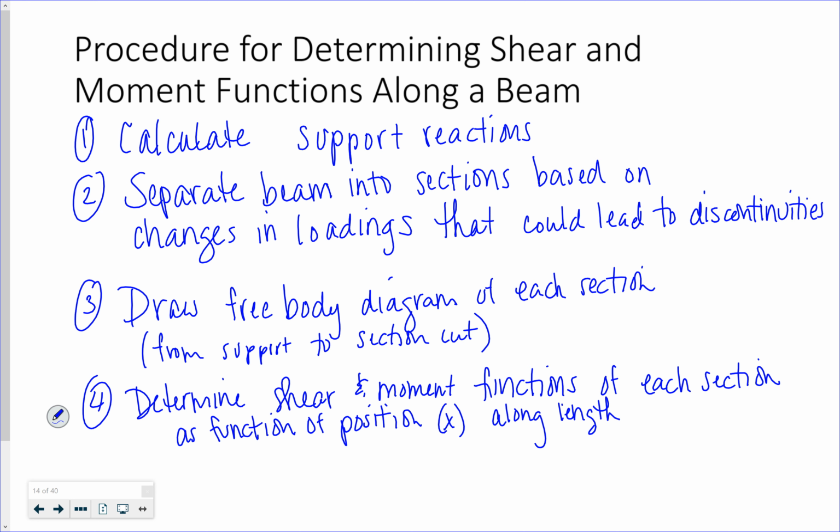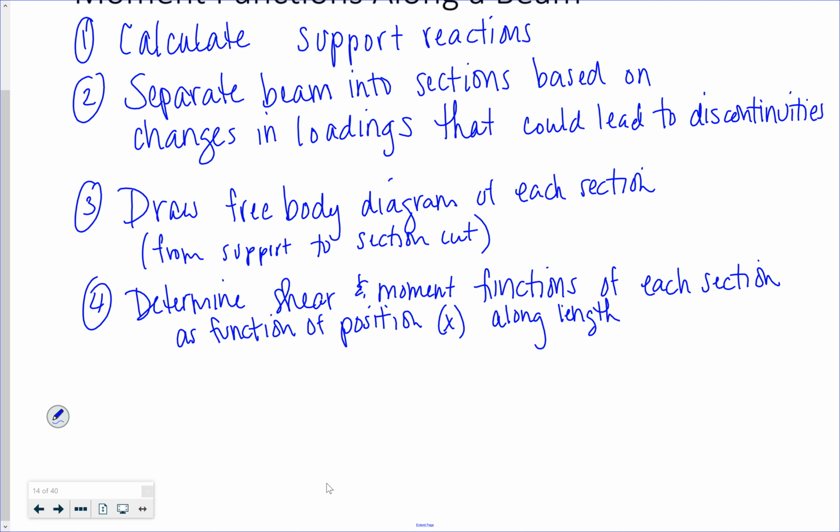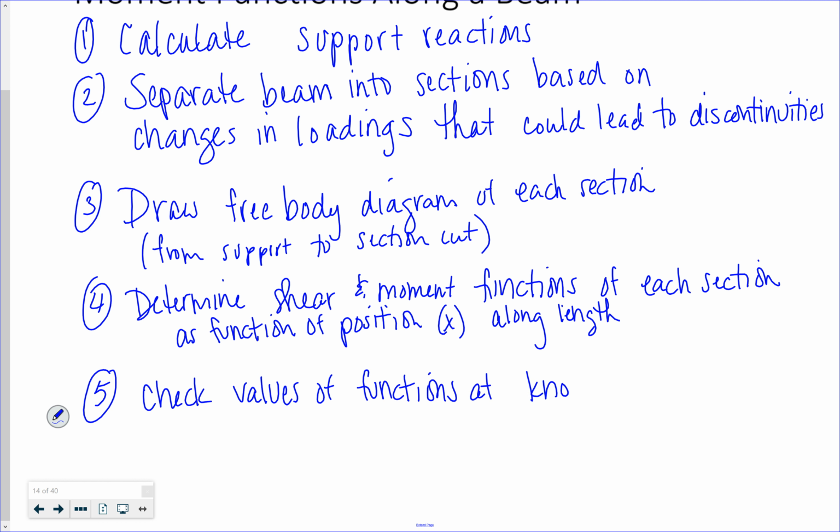And then at the very end, it's nice to do some sanity checks. The most basic is to check the values of your functions at known positions, such as you know what they should be at your supports.